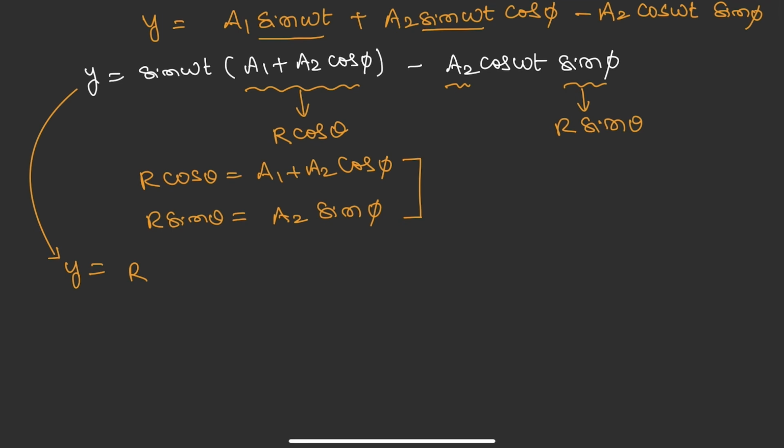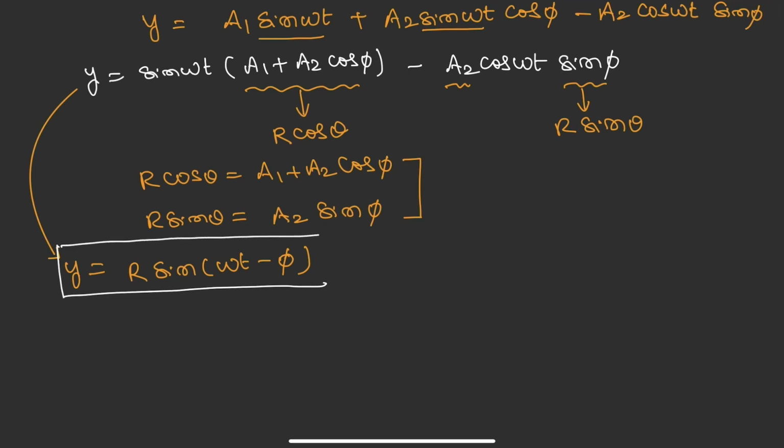You can write it as R sin(omega t minus theta), using sin A cos B minus cos A sin B. So what does this equation indicate? Simple harmonic motion, SHM.